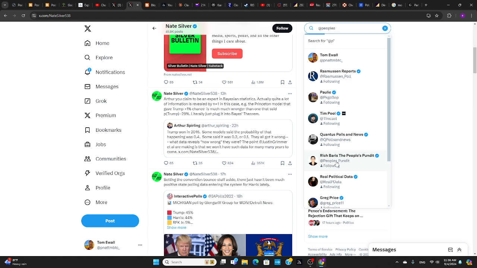And if you go to Nate Silver's site, the last that I saw, he had Trump at 55% chance of winning. Anyway, that's another indication that Trump has a slight lead.